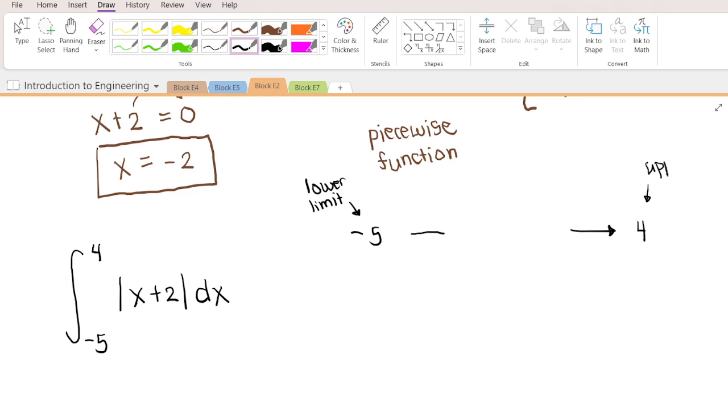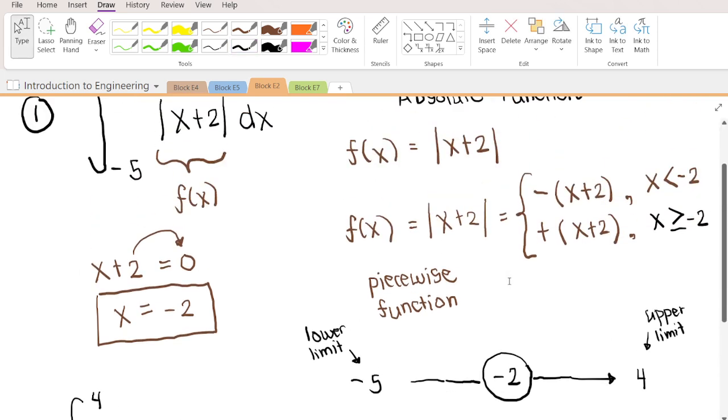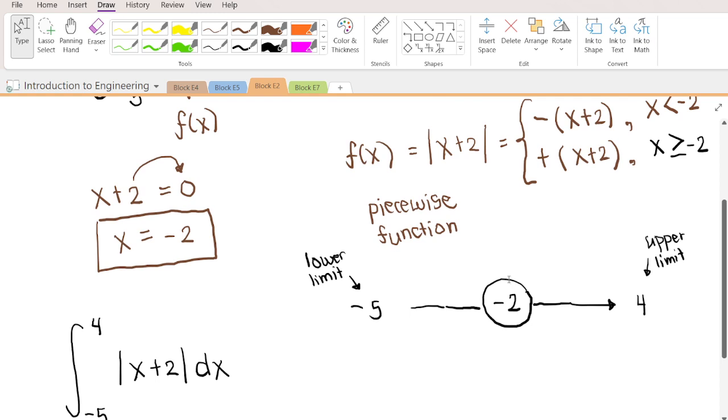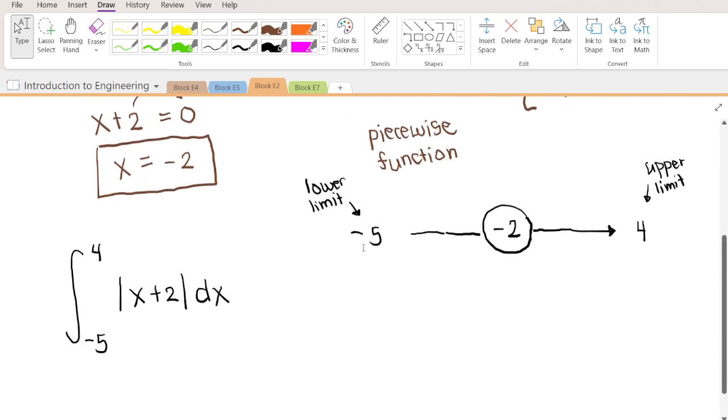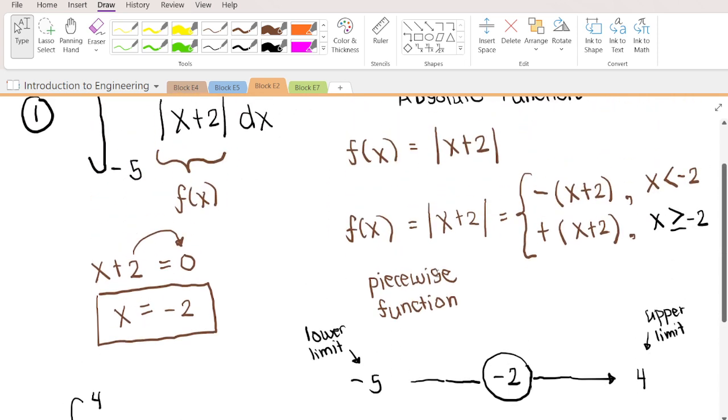So what does that mean? It means that in between the two is the value of -2, right? And again, this -2 is crucial since it will tell us what function we should integrate depending on the range of the values of x.